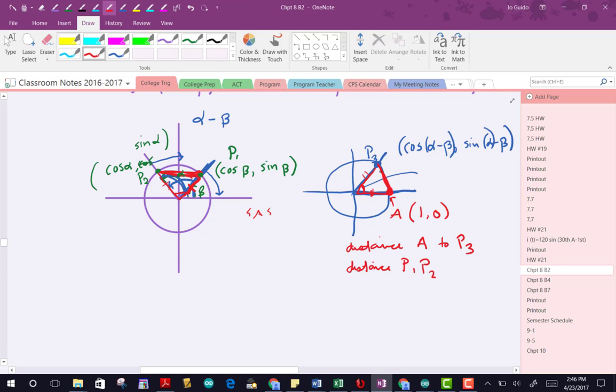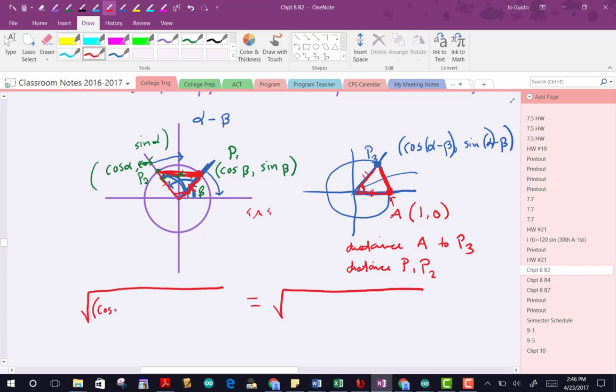Remember that your distance formula is x minus x squared and y minus y squared. Right? So over here on the left, we're going to have the cosine of alpha minus beta. So this is our formula from this triangle.